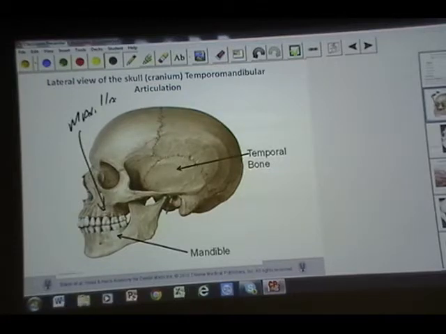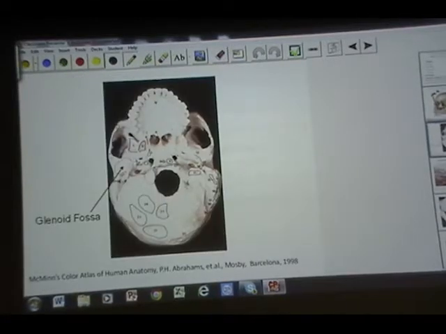Here, if we look underneath the cranial base area, here is this area here. This is actually the glenoid fossa, and surrounding it, we'll see that there is a ligamentous capsule that helps hold the mandible and the temporal bone together on each side. Okay, so that's the glenoid fossa. Another name these days that you'll see is mandibular fossa.